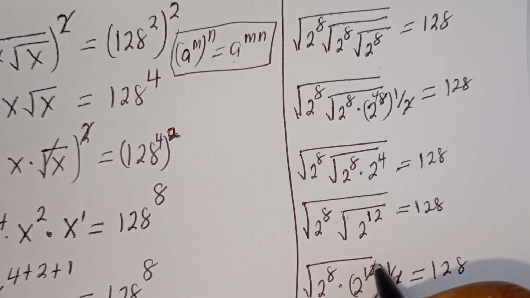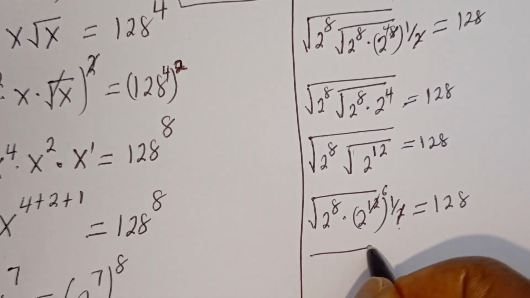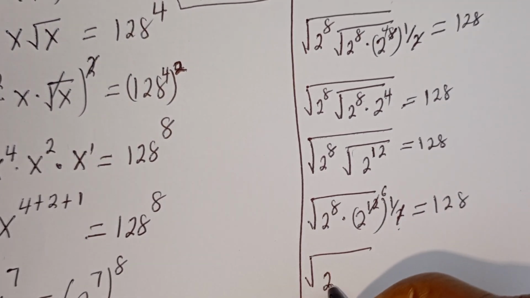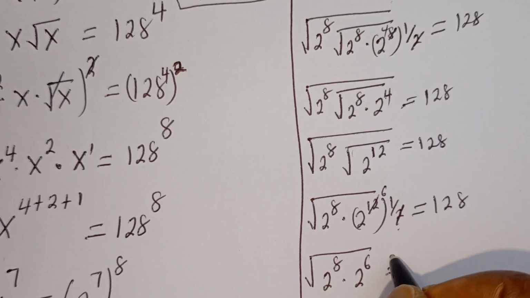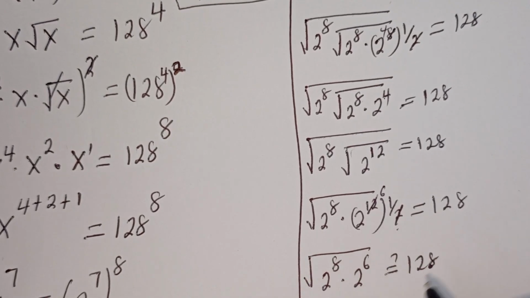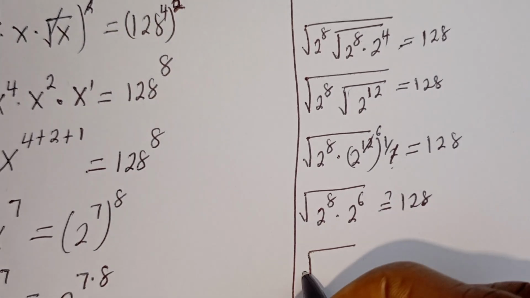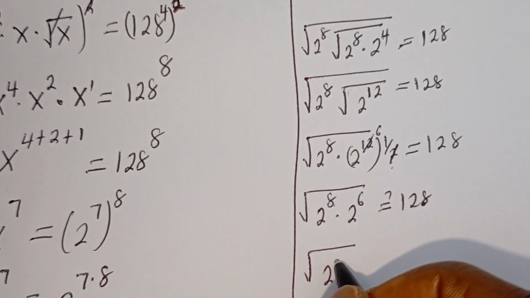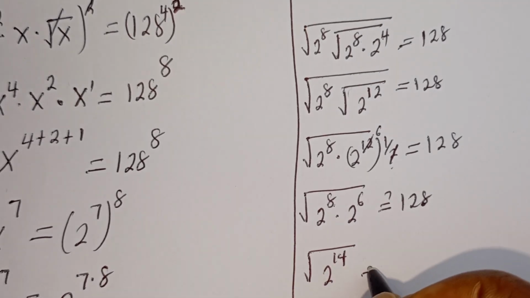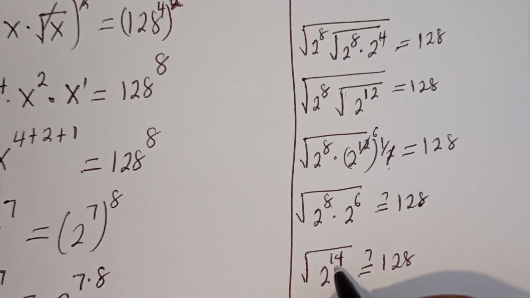2 here 1, 2 here 6. So this is square root of 2 to the power of 8 multiplied by 2 to the power of 6 must be equal to 128. Then this is square root of 2 to the power of 8 plus 6, 14 must be equal to 128. Now let's operate this.